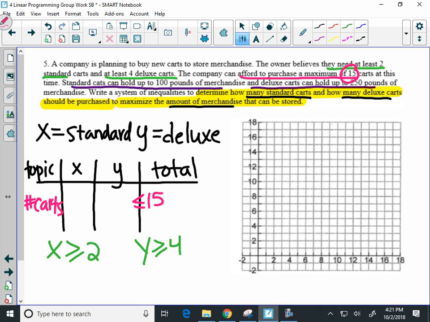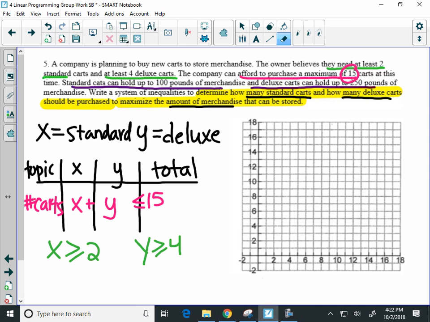And again, this is a total number of carts between the standard and the deluxe. All the standard plus all the deluxe carts they buy have to be less than or equal to 15. They can't go over it. Right? We cannot make any other coefficients on those variables.